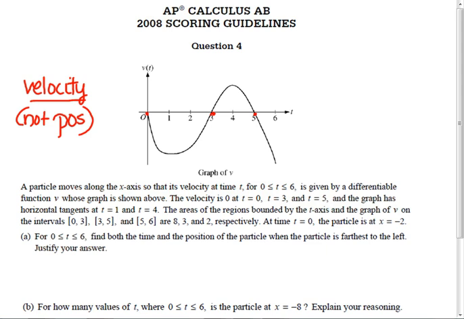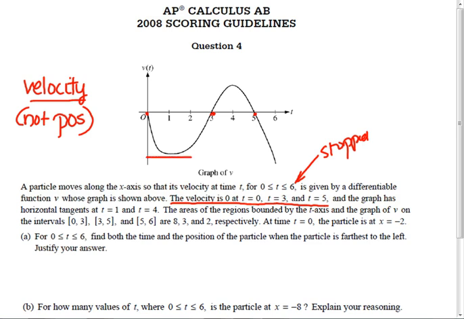They don't tell you what it is. The velocity is 0, so that means you're stopped, when t is equal to 0, t is equal to 3, and t is equal to 5. And the graph has horizontal tangents at t equals 1 and t equals 4.